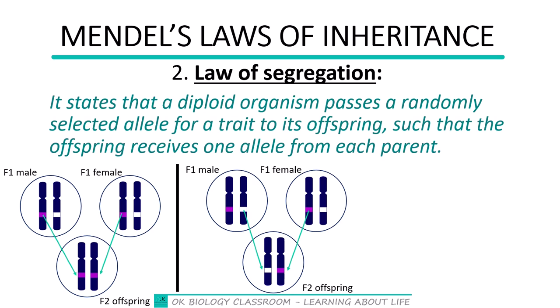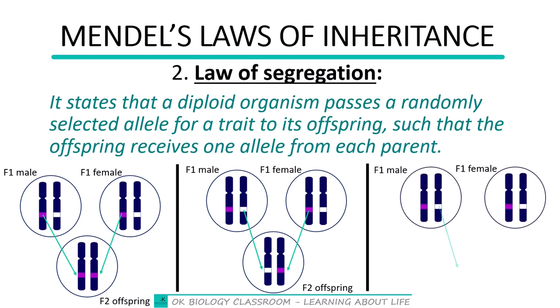But remember, that particular offspring will still be purple-flowered because purple is dominant over white. There is also the possibility that the offspring may choose white from one parent and white from the other parent, and that is going to result in two white alleles. In this case, that offspring would have white flowers. So that is what was observed in the F2 when the white flower appeared again.